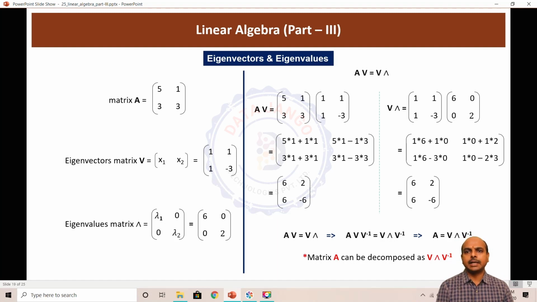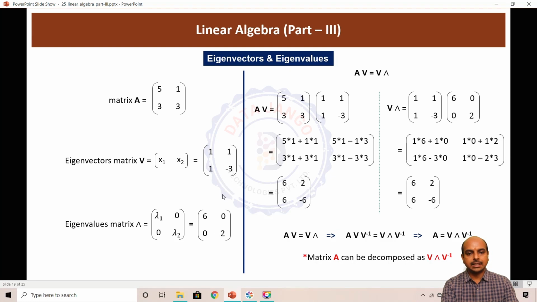When I say diagonal matrix, there will be values in the diagonal, and all off diagonal values are going to be 0. So if you see this, lambda 1 and lambda 2, off diagonal values are 0. So I can represent it as 6 0 0 2. So A can be decomposed into 1 1 1 minus 3 and 6 0 0 2. This is what we call eigenvalue decomposition.